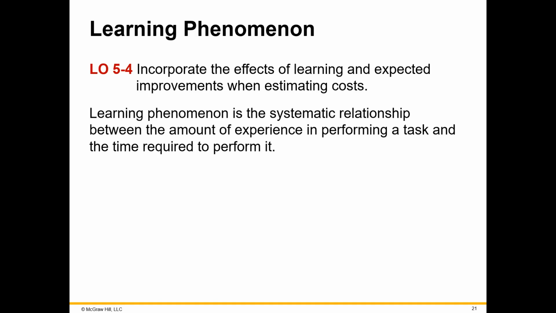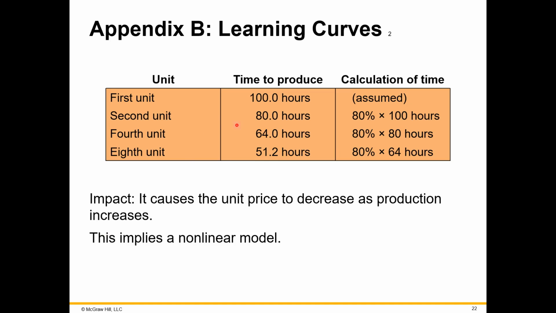So if you look at this chart, whatever they're producing, the first unit took 100 hours. The second unit was only 80 hours. The fourth unit was 64, and the eighth unit was 51.2 hours. Now in the real world, it doesn't always happen this smoothly, but the concept is a good concept.